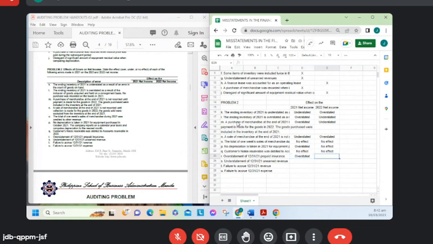Come 2022, with the correction, this overstatement will result in an overstatement of expenses in 2022, resulting in understated net income. Okay?